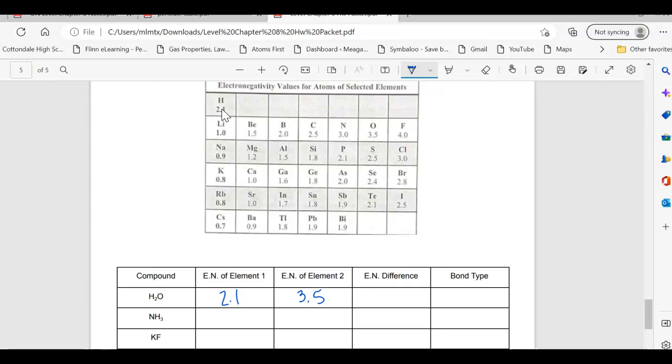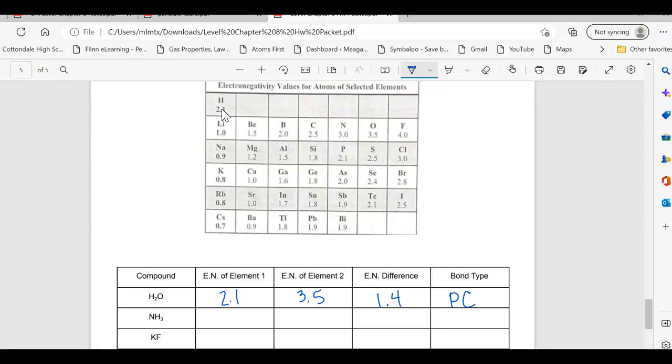Remember, I never want a negative number for my difference, so put the bigger number in first when I subtract, or take the absolute value. No negatives. So the difference is 1.4, and the bond type is polar covalent. Because it's 1.4, it falls between 0.1 and 1.7, so it is polar covalent.